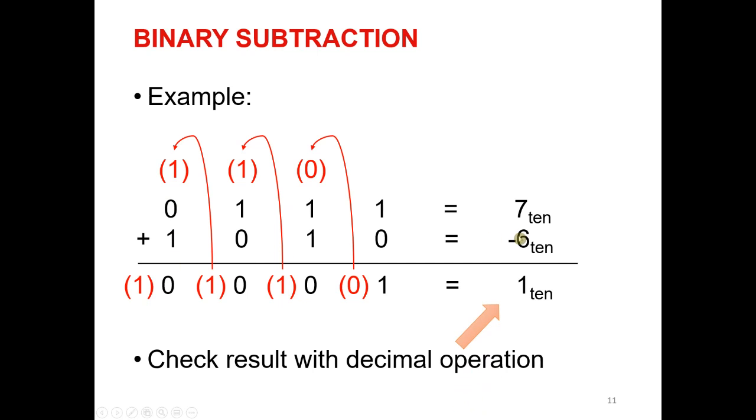In this case, the decimal operation also matches, but there is an overflow here. I think that this is what someone was pointing out in the questions. Hopefully that is clear now. If not, let me know again.